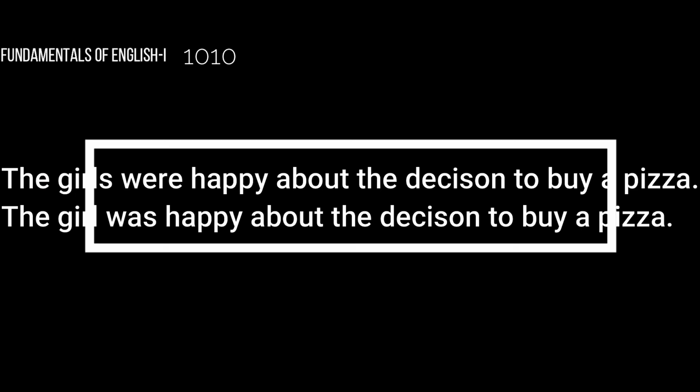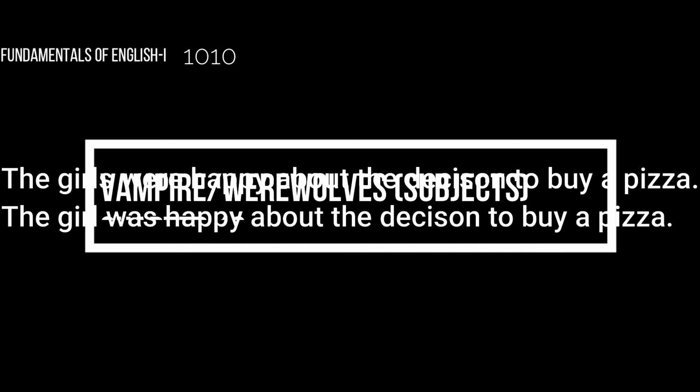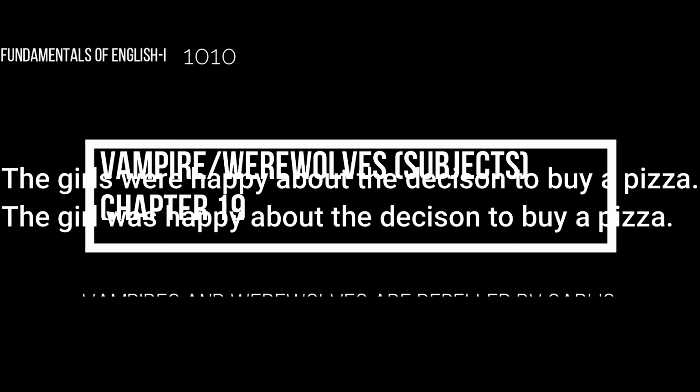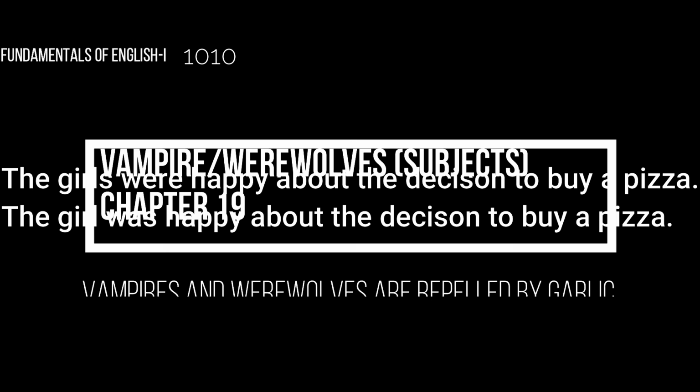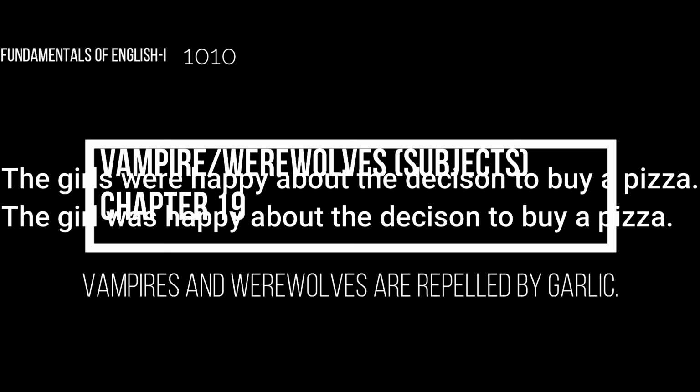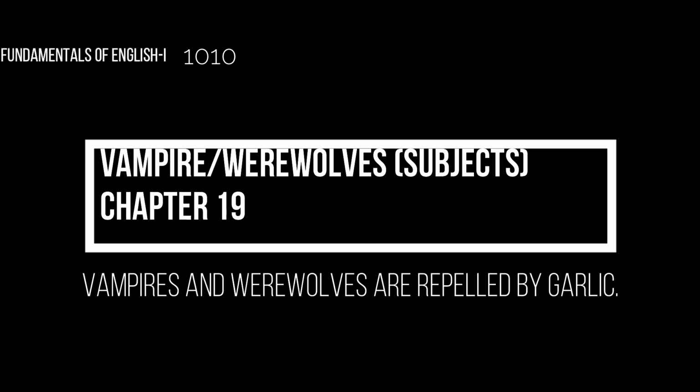The girls were happy about the decision to buy pizza. Two girls is were. The girl was happy about the decision to buy pizza. One girl is was. So remember, if it's a plural subject, plural verb; singular subject, singular verb. And yes, were is a verb in this.